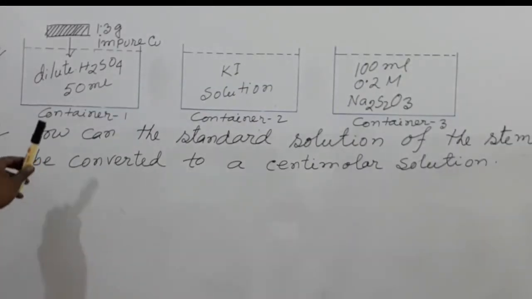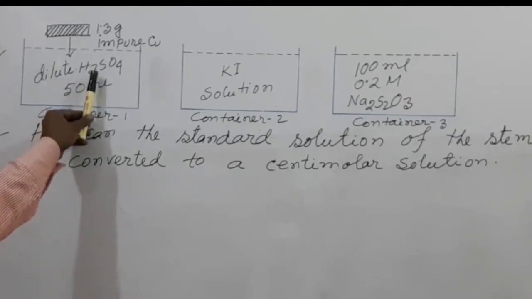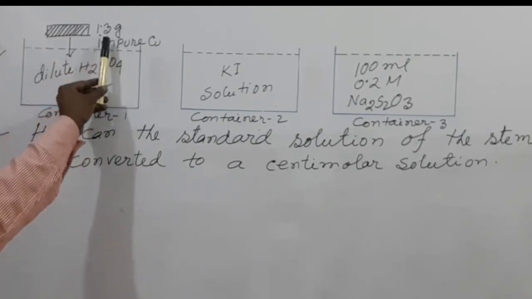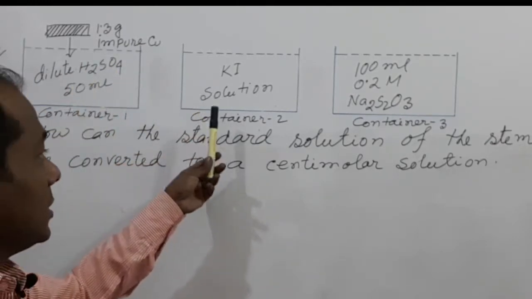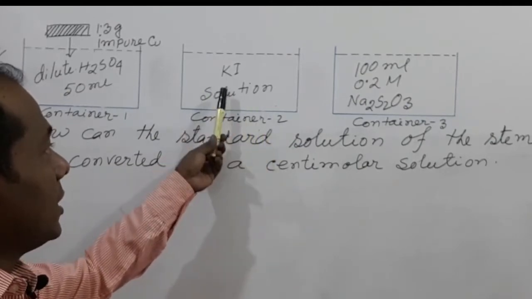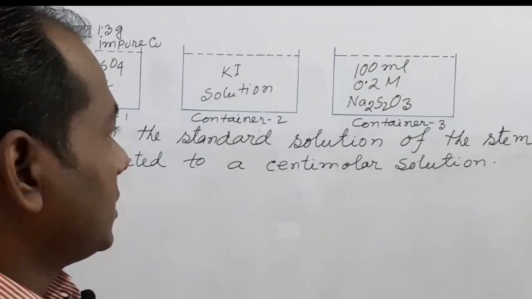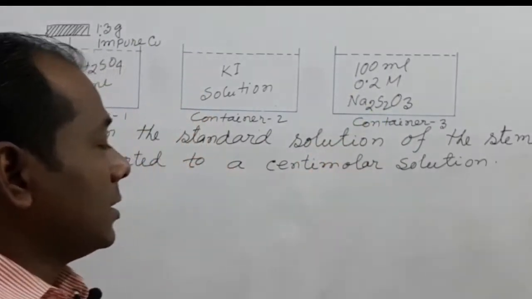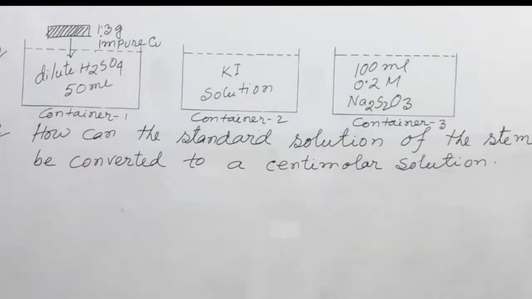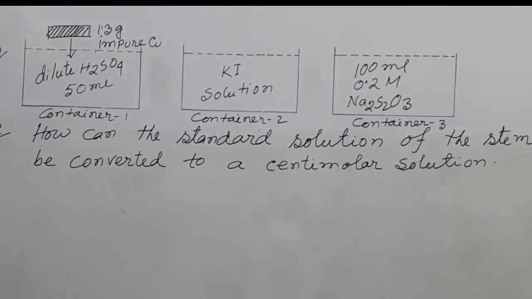We say that in container A, 50 ml sulfuric acid is present and 1.3 gram impure copper is dissolved in this container, and in container 2 potassium iodide solution is present, and in container 3, 100 ml of 0.2 molar sodium thiosulfate solution is present. So my dear students, this is our first question: how can the standard solution of the stem be converted to the centimolar solution?